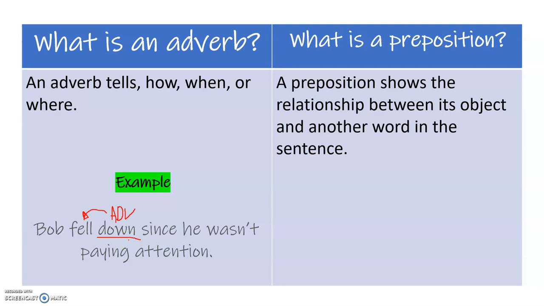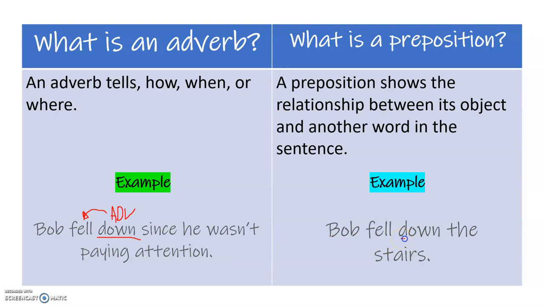Now, let's try the same word as a preposition. So in this sentence, Bob fell down the stairs. We have the word down, but it goes with the stairs, which is the prepositional phrase, where down is our preposition and stairs is the object of the preposition.